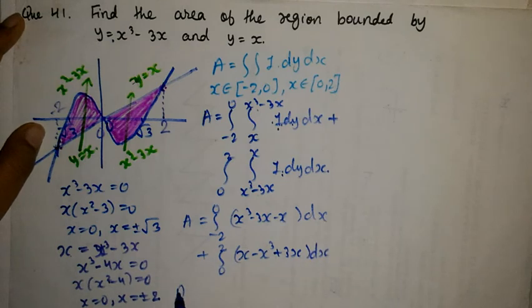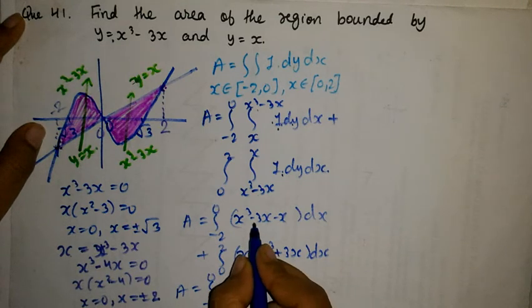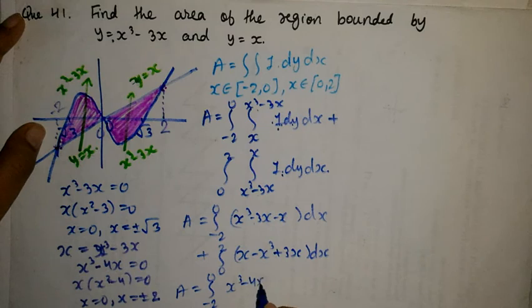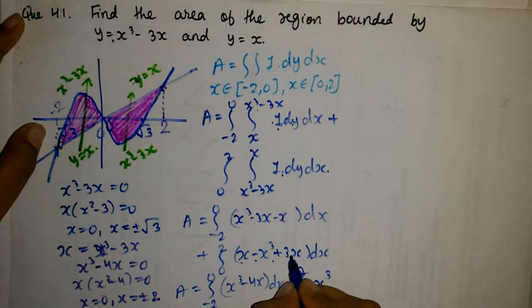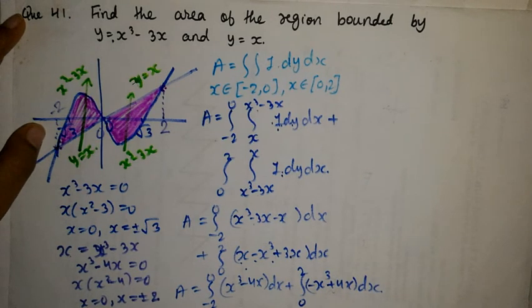So solving this, we get area is equal to integration from minus 2 to 0 x cube minus 3 minus 1 minus 4x into dx plus integration from 0 to 2 minus x cube plus 3 plus 1, that is plus 4x into dx. Now we have to just solve this equation.